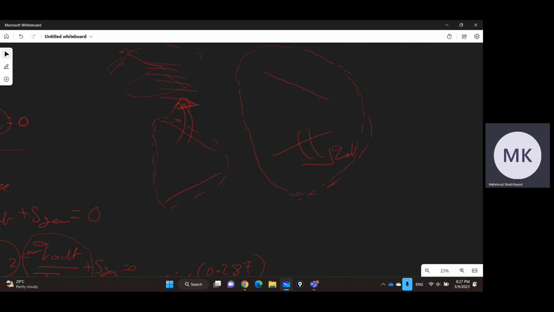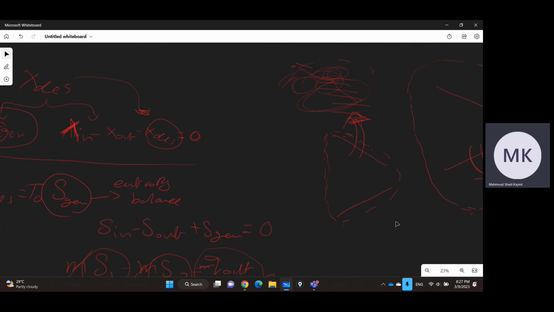So we don't know anything about this entropy generation or exterior destruction happening here. In order to account for all this destruction, we will expand our boundary to be at the same temperature as the surroundings, which is in the question 17 degrees centigrade.